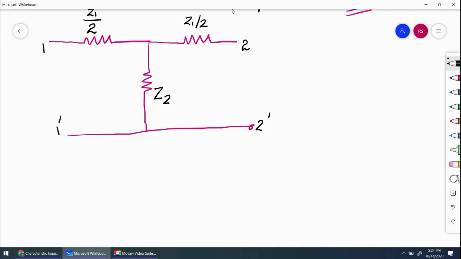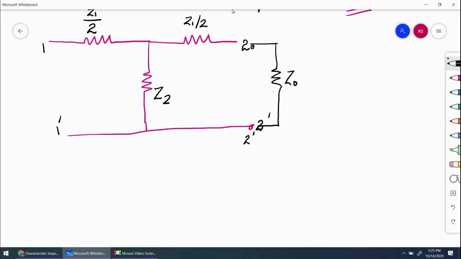I'll draw this impedance. This is impedance Z0 and this is 2 dash. For the network shown in the figure, if the network is terminated in Z0, its input impedance will also be Z0.